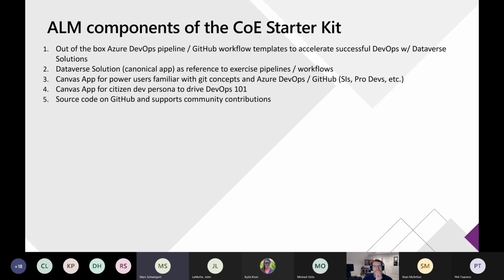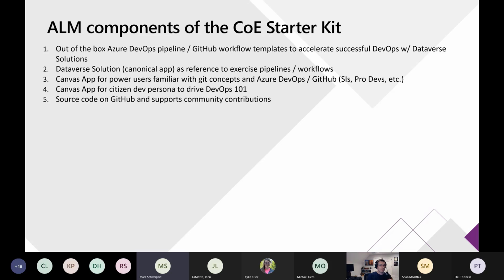It will be a Dataverse solution, or perhaps multiple solutions, where the app itself won't be of significance. It will really just exist to exercise different components like connection references and environment variables and data source environment variables, which I'll be talking about later, in some way to then show you how you can exercise those things through deployment automation and a DevOps pipeline from dev to test to prod, et cetera.